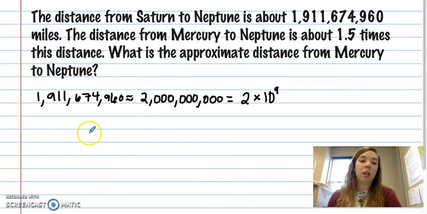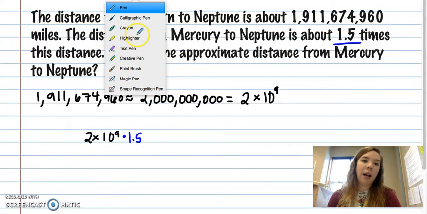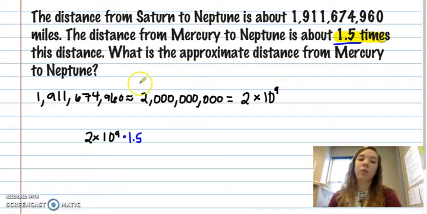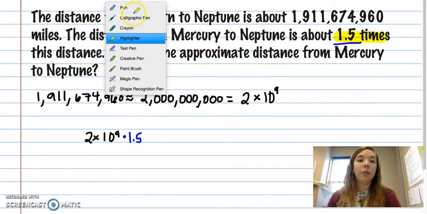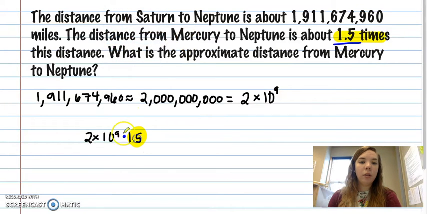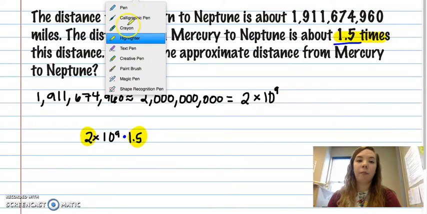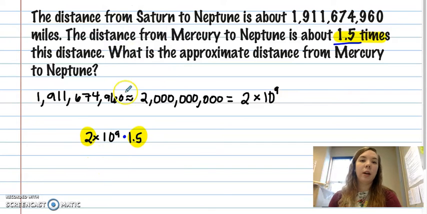Next, what we're going to do is take this 2 times 10 to the 9th and multiply by 1.5. This said 1.5 times, so we'll take this times 1.5. When you do this, all you have to do is multiply 2 and 1.5. 2 times 1.5 is 3.